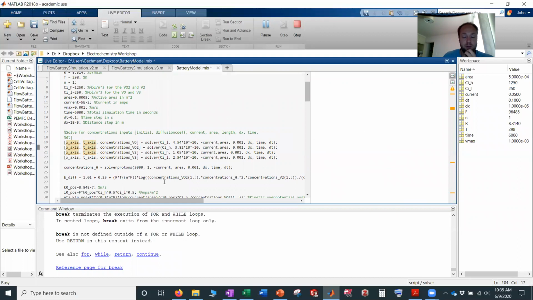And right now our battery will basically run forever, right? Because I'm constantly refreshing. But it should reach a steady state.